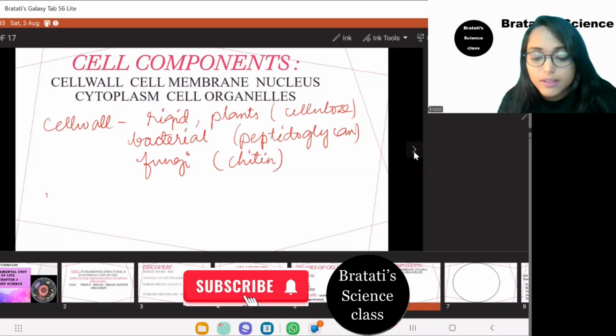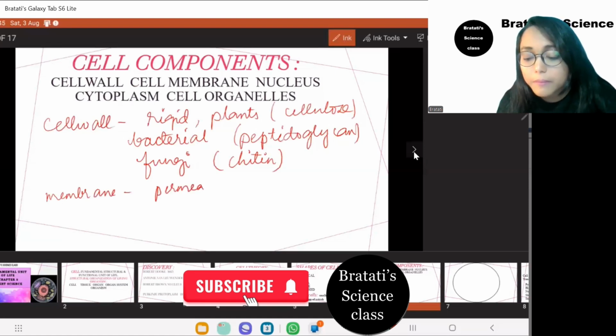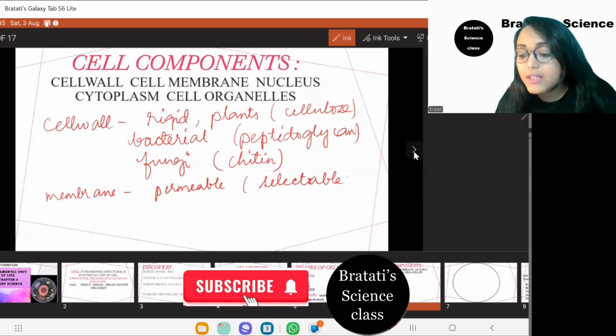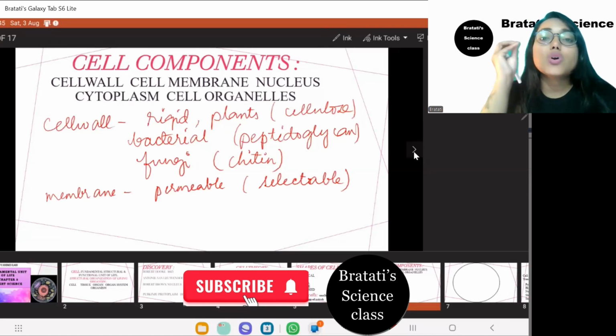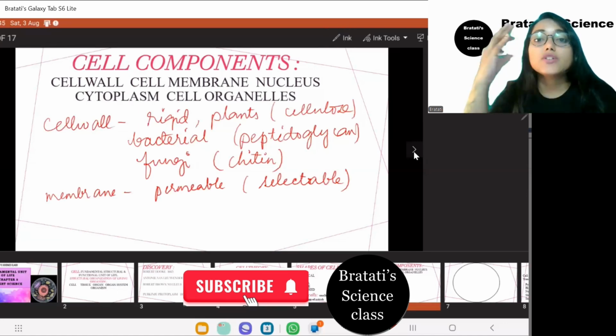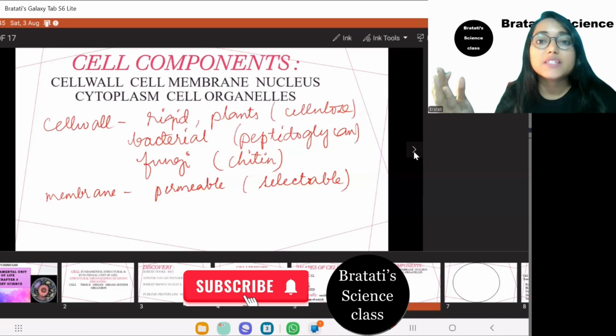Cell membrane, this cell membrane is a permeable membrane, which is called selective, because there is selective movement of substances towards the inside or outside of the cell.